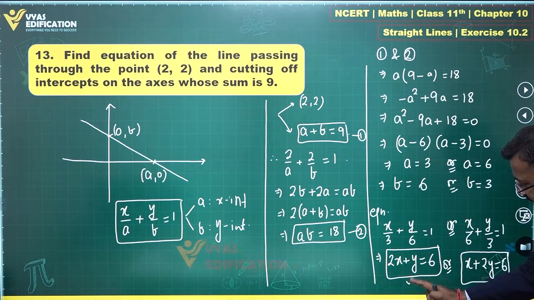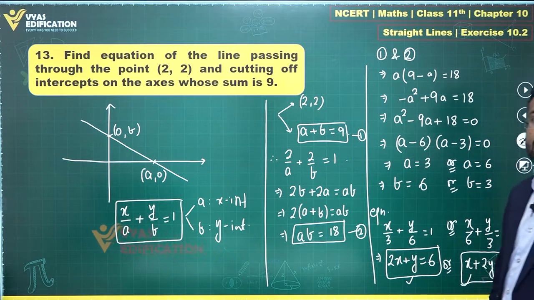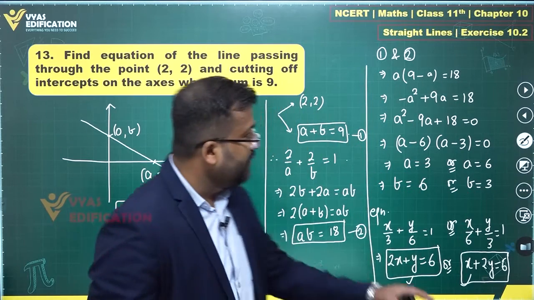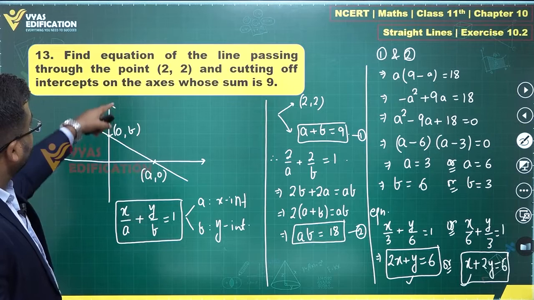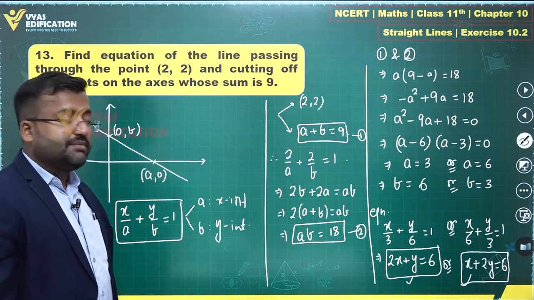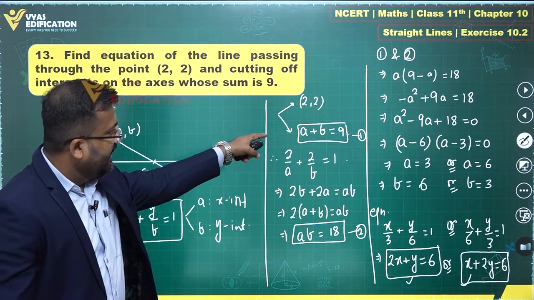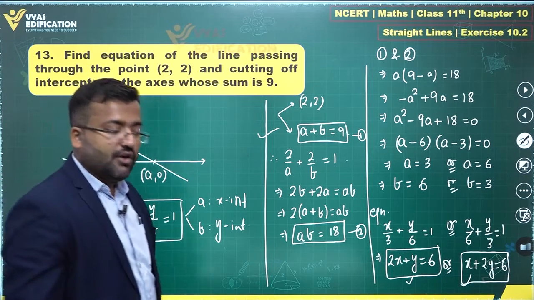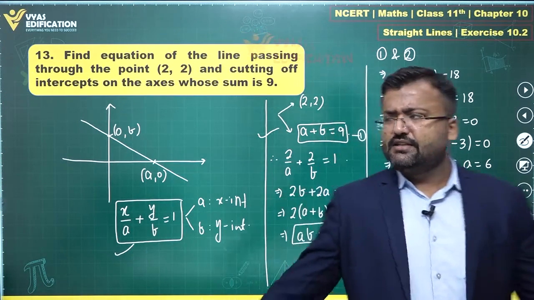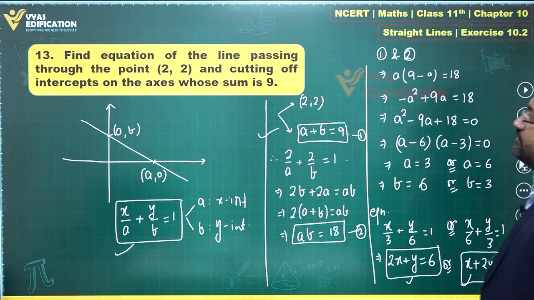The equation of the line will be either this or this. That's what we can observe from the complete solution. The sum of the intercepts is given to be 9, and I used the intercept form for solving this question. Is that all? Yes, that's all in this question.